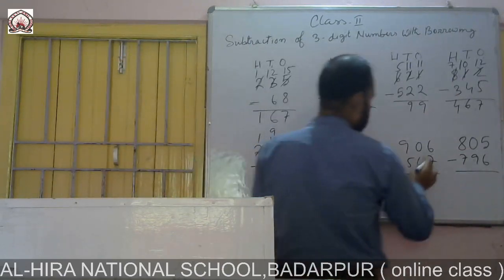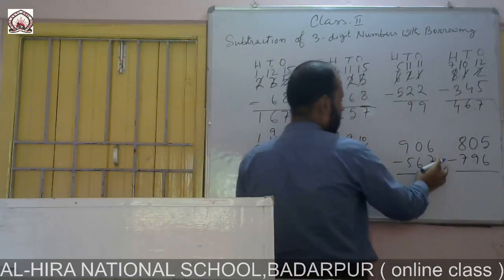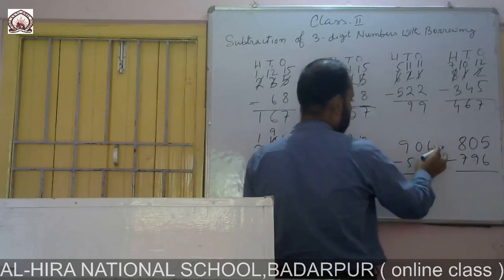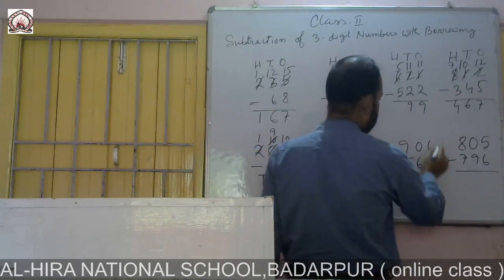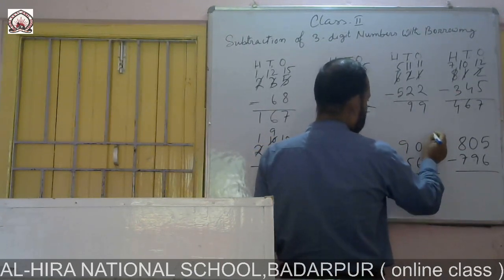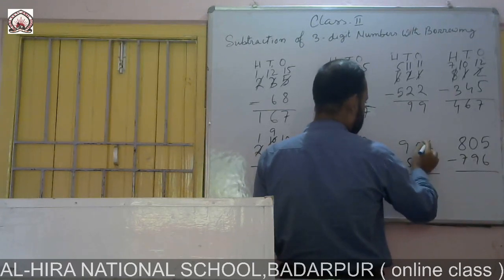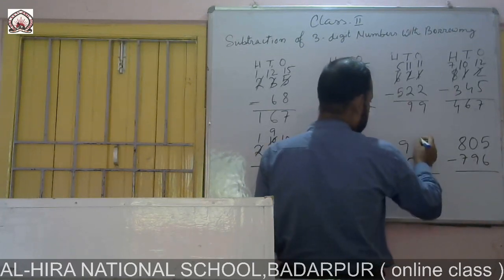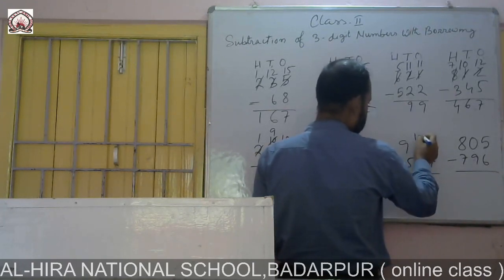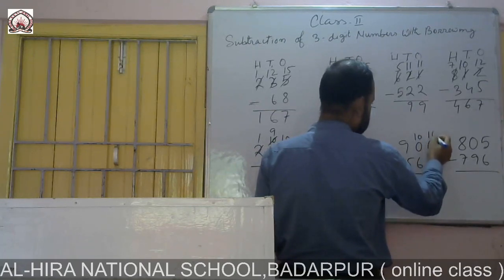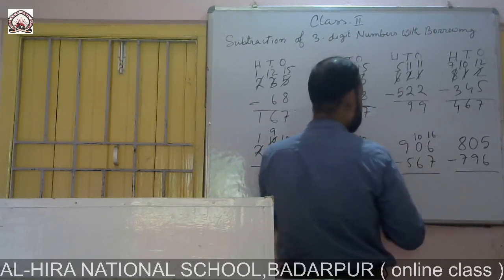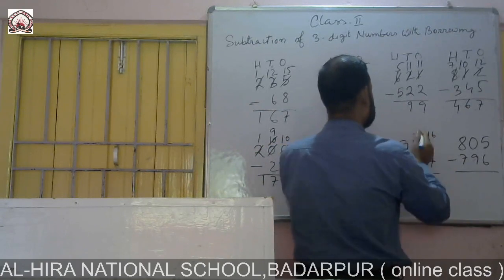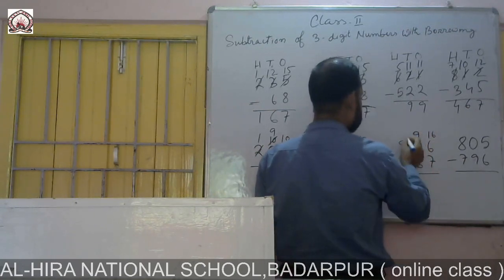Next, 6 minus 7 can't, because 6 small, 7 big. We borrow 1 from this 9. There is 0, nothing, so this 9. First there is 10 and this 10 we borrow 1, then there is 16 and there remain 9 and there remain 8.